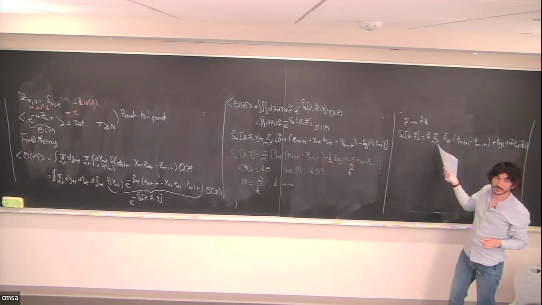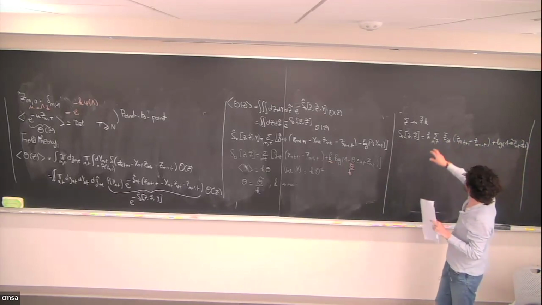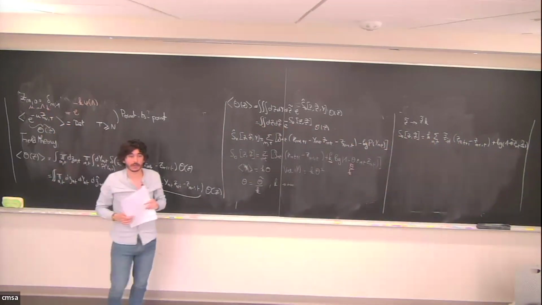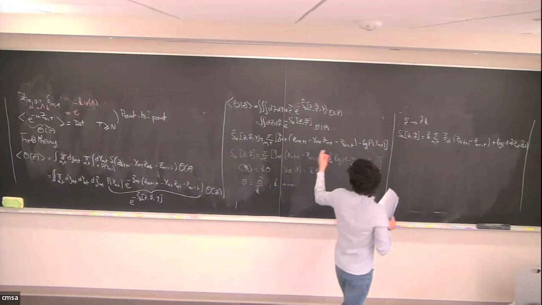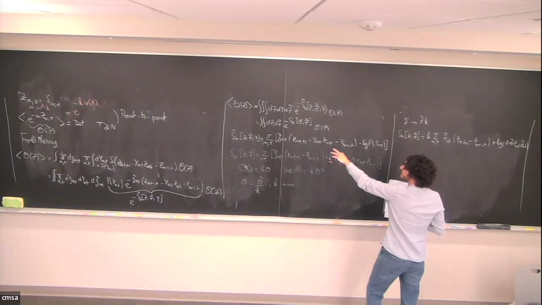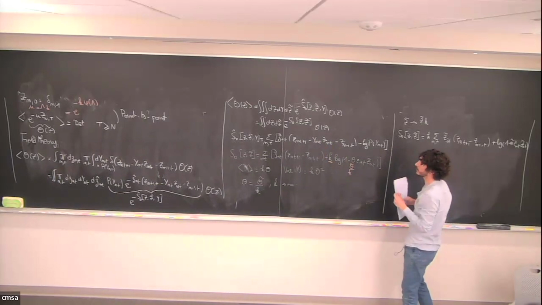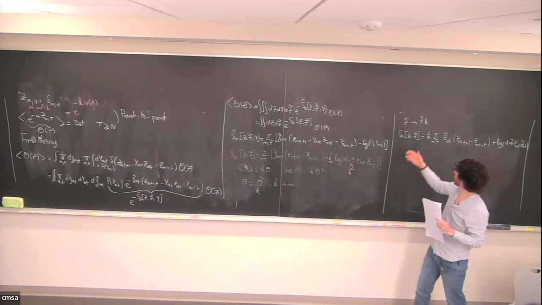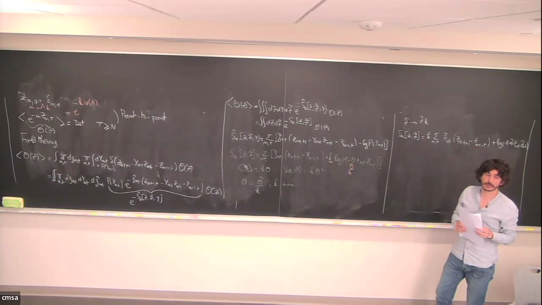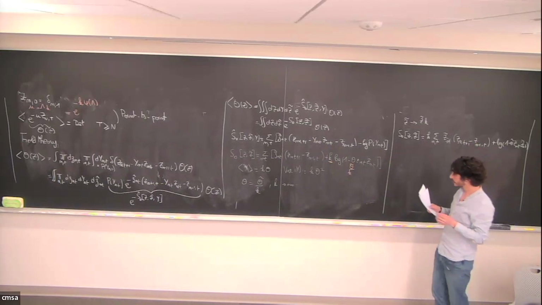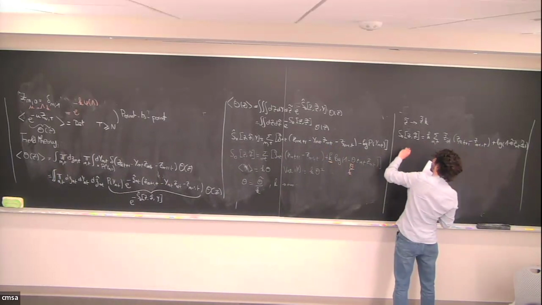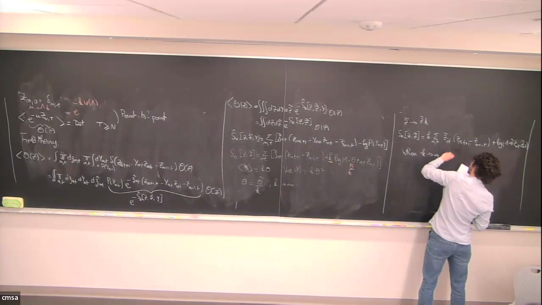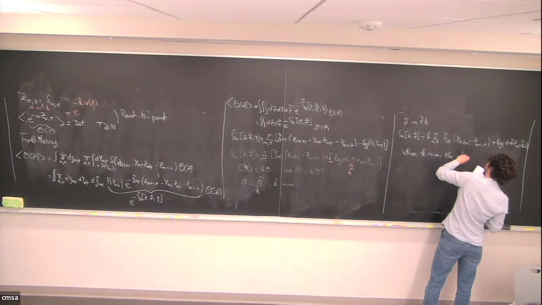So now k is in front of everything in the action. So in principle, since I have a rate k here, and in my observable I also chose to have a rate k, if k goes to infinity, I could, in principle, only look at the saddle point of this action. I can restrict to a single trajectory by looking at the derivatives of my action with respect to the field and the response field at every single space point. So when k goes to infinity, the action is dominated by its saddle point.